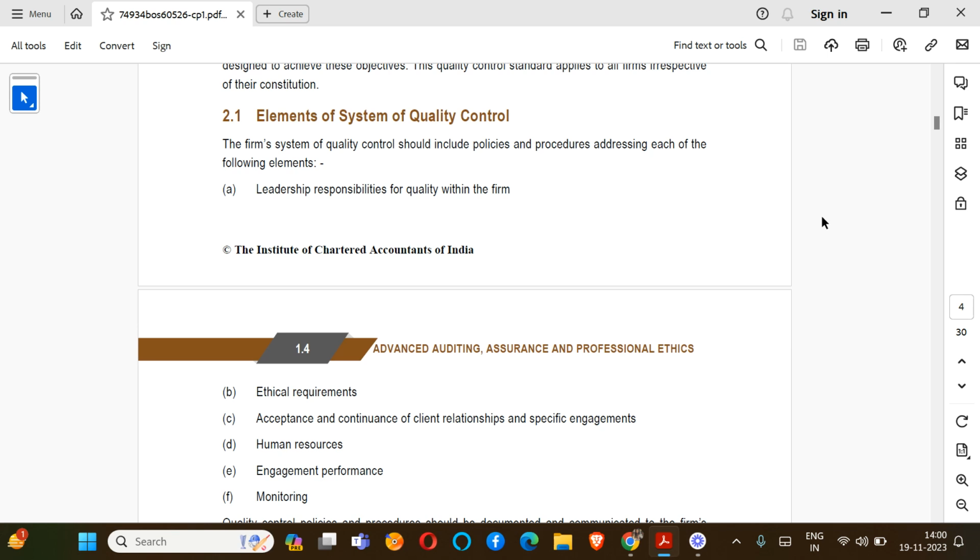So we were in the third part only. We studied client relationships. We know that we need to be independent, we need to have integrity, we need to exercise objectivity.